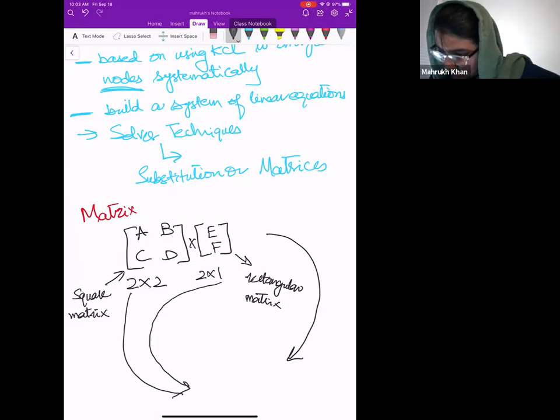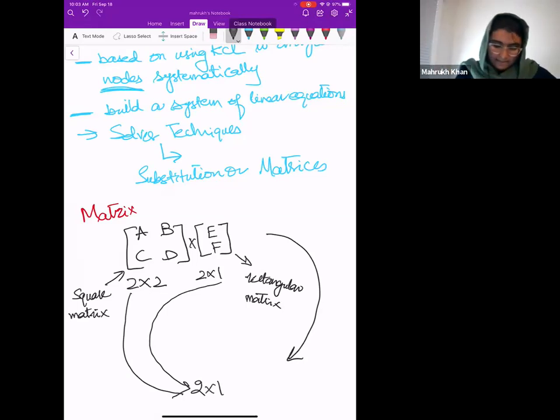So the resultant order will be 2 cross 1. But for the matrices to be able to multiply, we need to check that these two should be similar. If they match, only then can we multiply the matrices. And the other thing we know is that we multiply row by column, right?